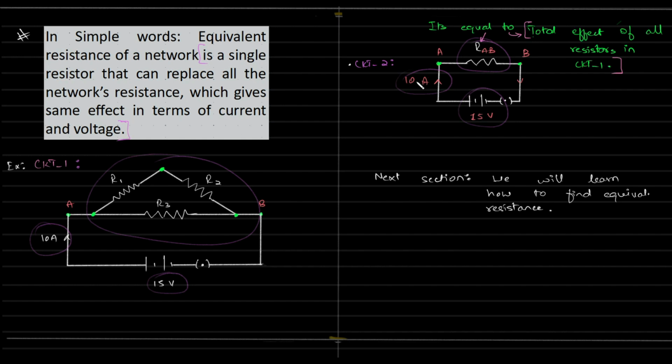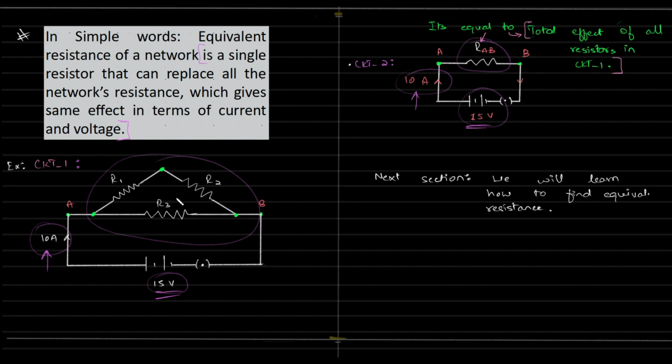So we can see for a given fixed voltage, the current flowing in both circuits is one and the same. So we can tell this particular resistance RAB is equivalent to the resistance offered by this network of resistors, or any electronic component, doesn't matter. It need not be resistors itself, it can be anything.